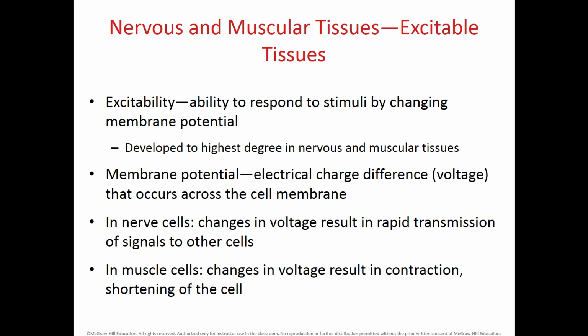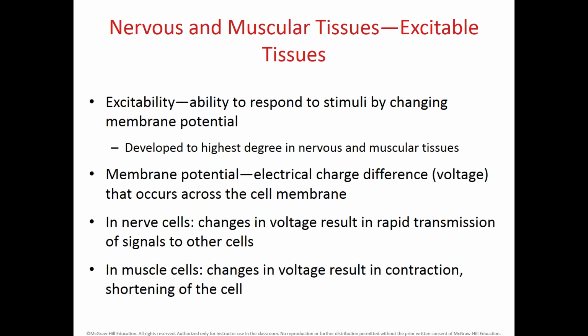So the membrane potential is an actual electrical charge difference, or voltage, that occurs across the plasma membrane of the cells. Usually this membrane potential can be subdivided into resting or action potential.